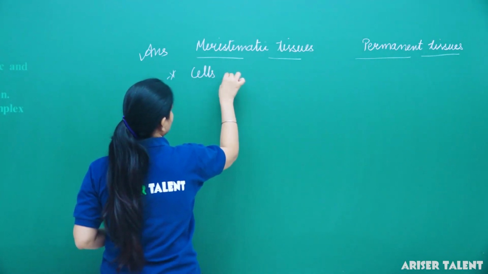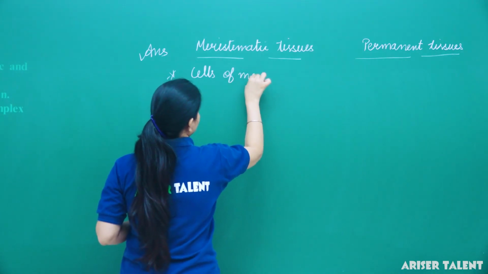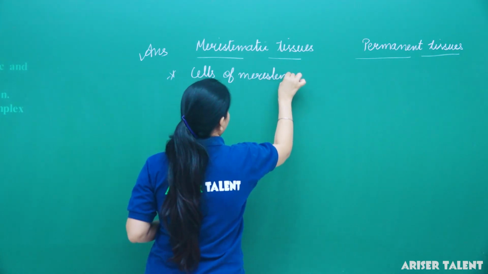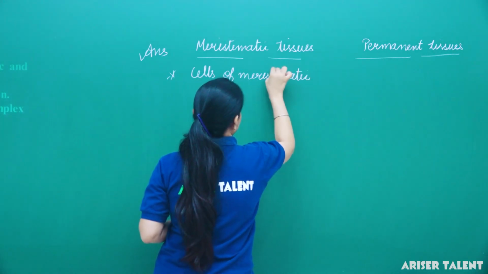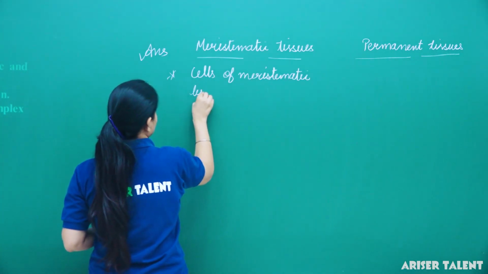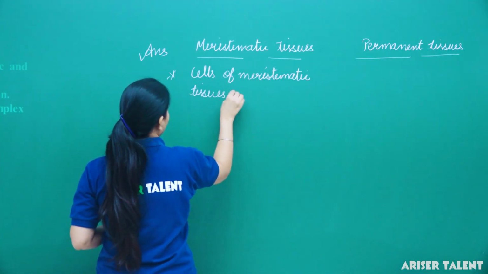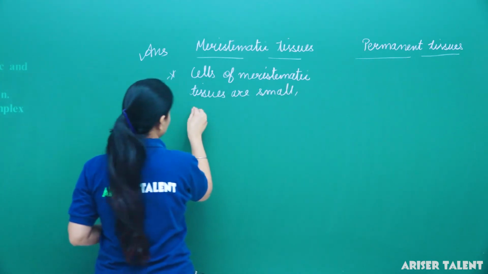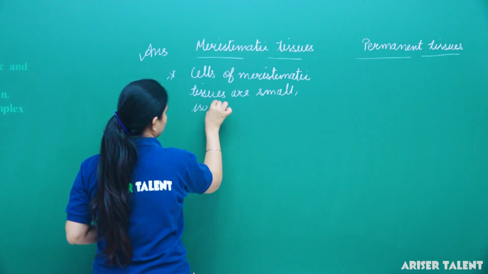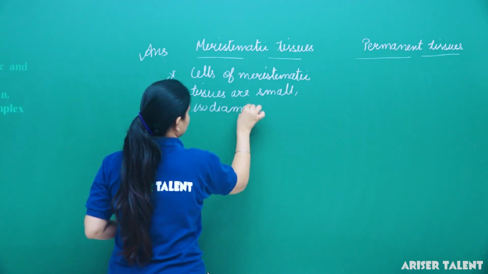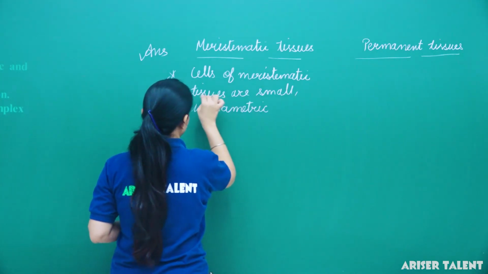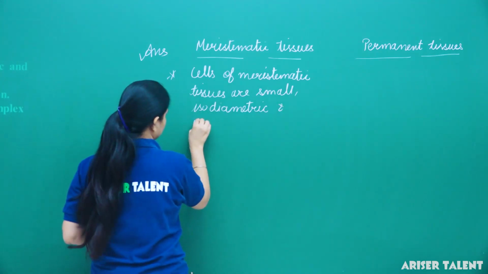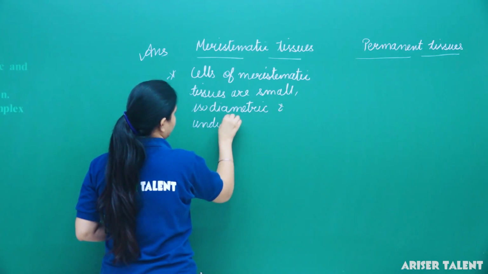Cells of meristematic tissues are small, isodiametric and undifferentiated.